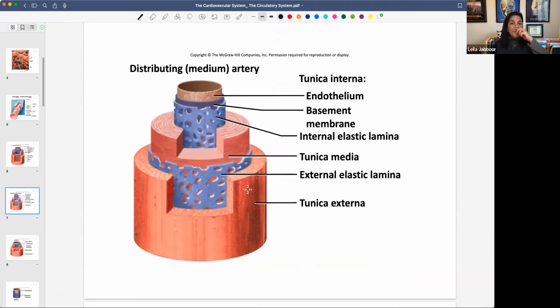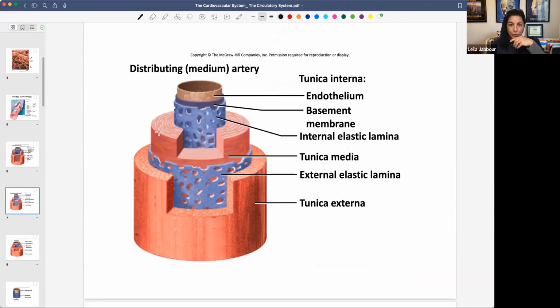A medium artery will have a slightly different layout, and this is where you see the internal elastic lamina and external elastic lamina. That's just a different layering order.